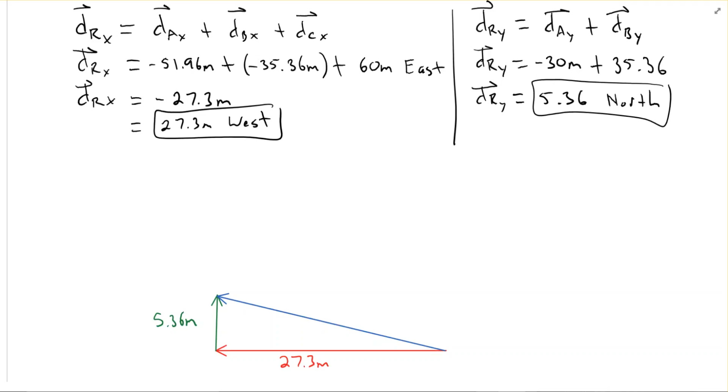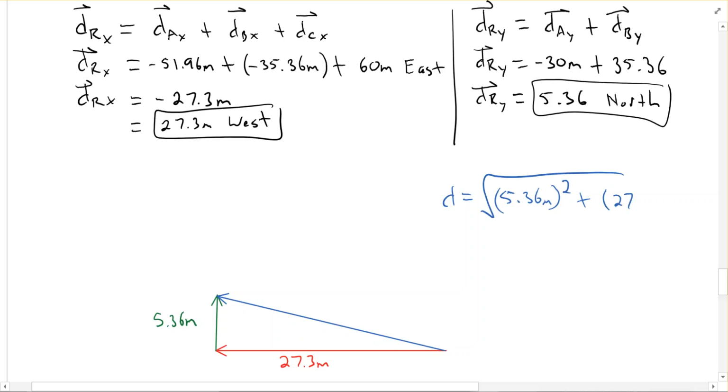Okay, so now just using Pythagorean theorem, we can find the magnitude of that, which is going to be the square root of 5.36 meters squared plus 27.3 meters squared.